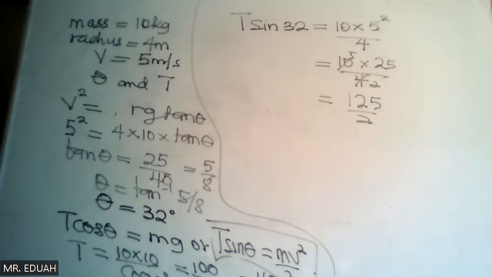The bob moves in a horizontal circle in such a way that the string is inclined at 30 degrees to the vertical. Calculate the tension in the string.